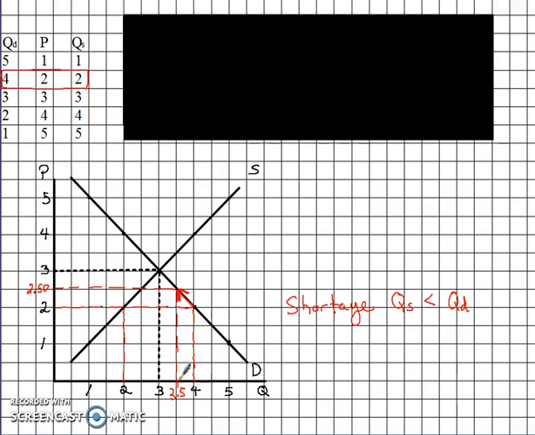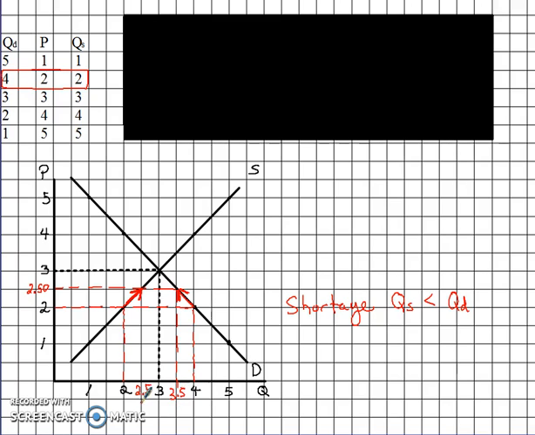At the same time, as the price gets bid up, let's go along the supply curve, there's going to be an increase in the quantity supplied. As the price gets bid up, suppliers are willing to bring more of the good to market. More people are attracted to produce this good. So that means that the shortage is now going to be smaller.